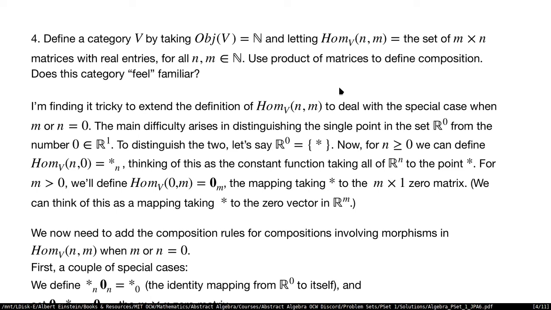Okay. And when m is greater than 0, you have a 0 sub m, the mapping taking the asterisk to the m cross 1 0 matrix. So it's taking it to the origin in RM.